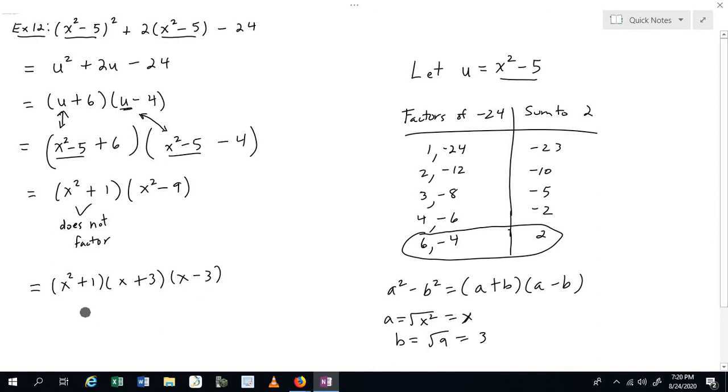And that's it. You can't factor the sum of squares, and these no longer factor. So that's how this factors.